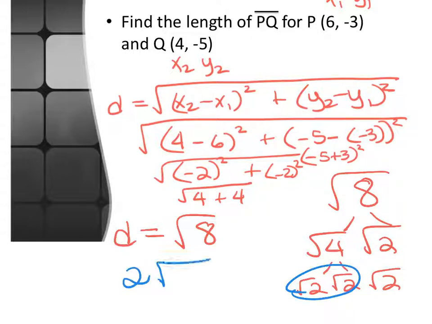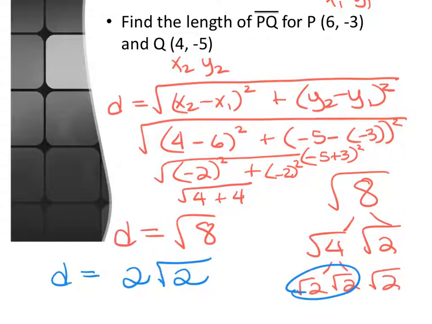And then anything that remains that's not a pair stays underneath. So this is an Algebra 1 skill. You will need to always simplify your radicals. We will not use calculators at the beginning. So in simplest radical form, the length from P to Q is 2 square root 2.